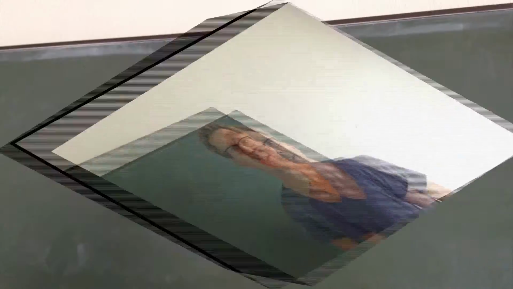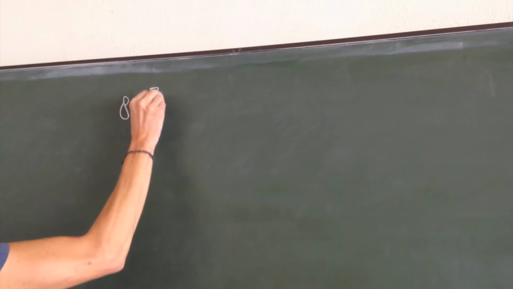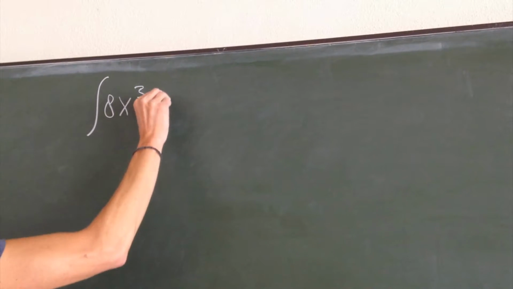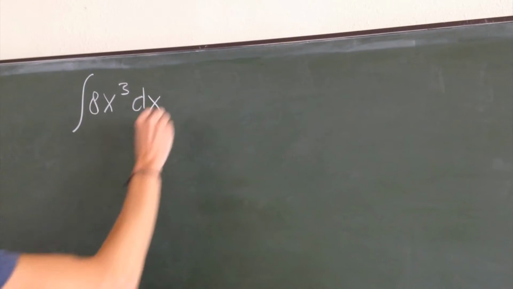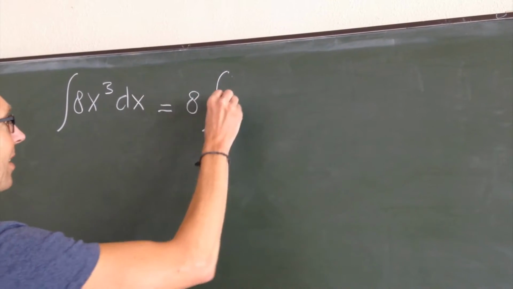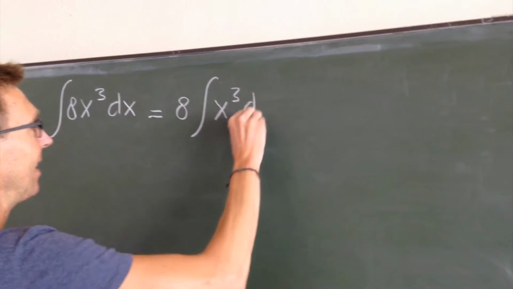Here are some examples. Suppose you want to integrate the function 8 times x to the power 3. You write this down as the integral of 8 x to the power 3 dx. You know now that you can bring the constant in front of the integral sign, so you don't have to integrate it.